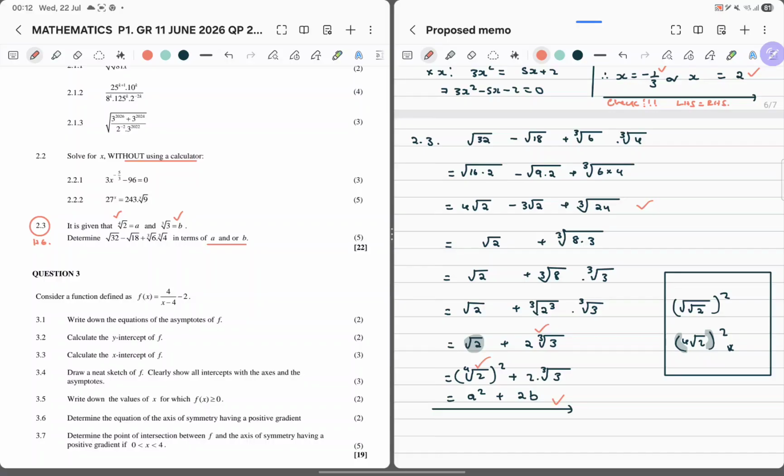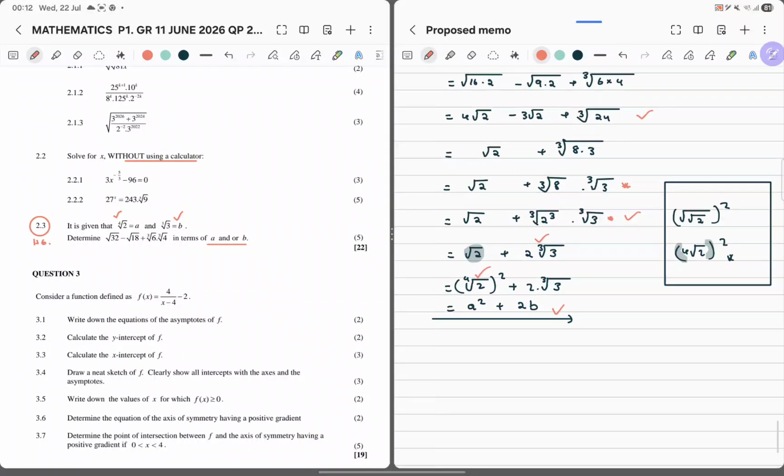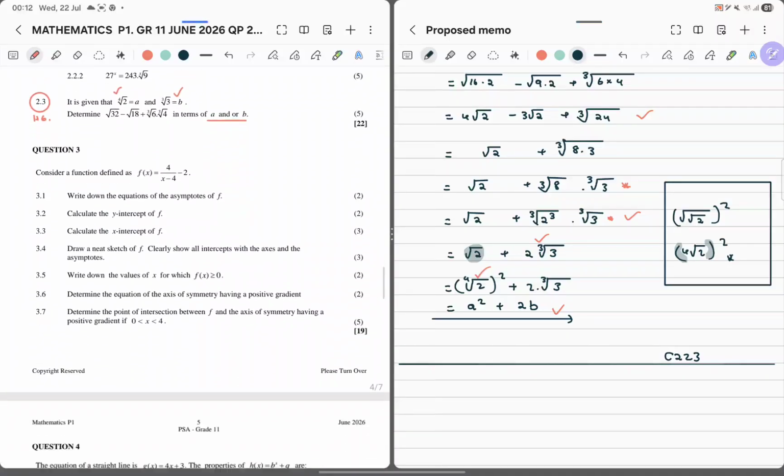So I think either this one or this one will take the mark. Again, 5 marks in the bag, folks, as long as everything gels. So we smile with our 22 marks and we continue smiling on.